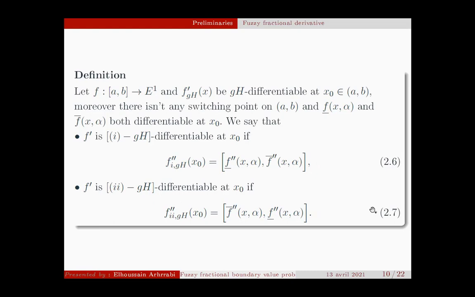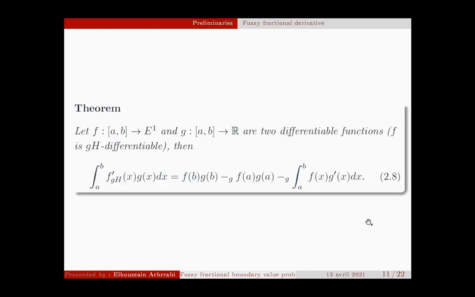In the same way, we say that f prime is differentiable if we have formula 2.6, and we say that f prime is doubly differentiable if we have formula 2.7. Another theorem: let f and g be two differentiable functions, then we have formula 2.8.